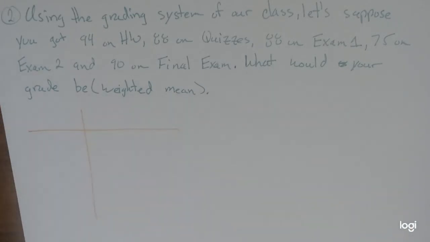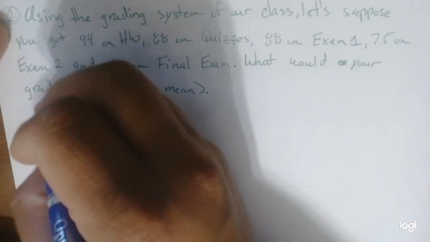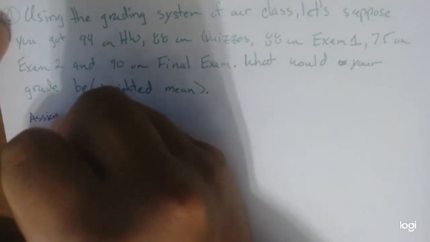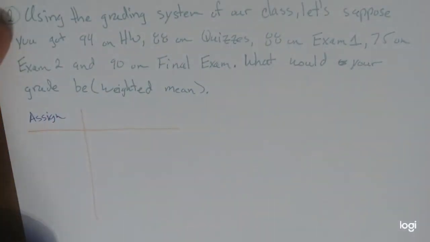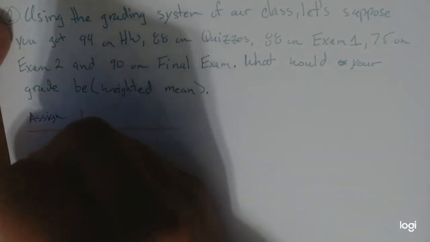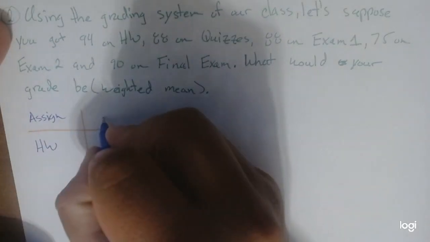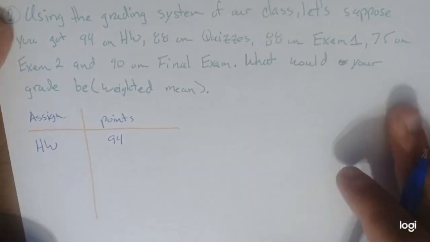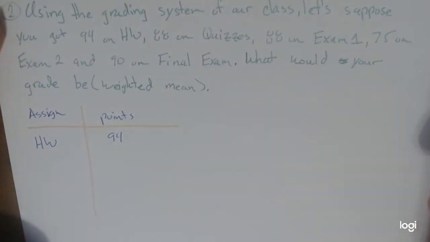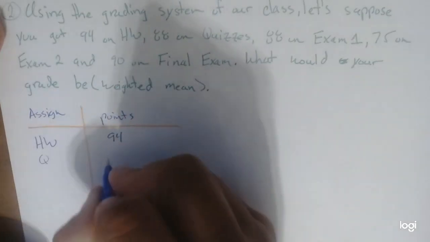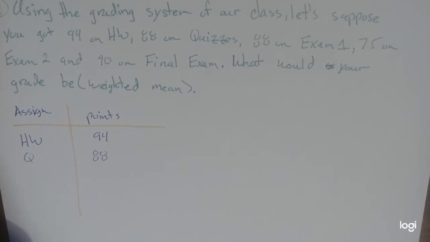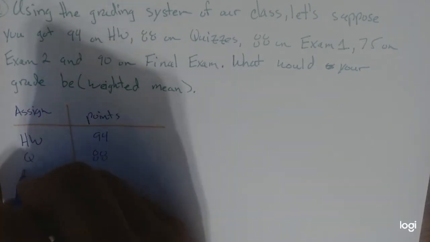We're told a couple of things, so I'm just going to write them down. Let's say assignment. We had a 94 on homework, so homework, points, is 94. Quizzes was 88, so I'll put Q for quizzes, 88.